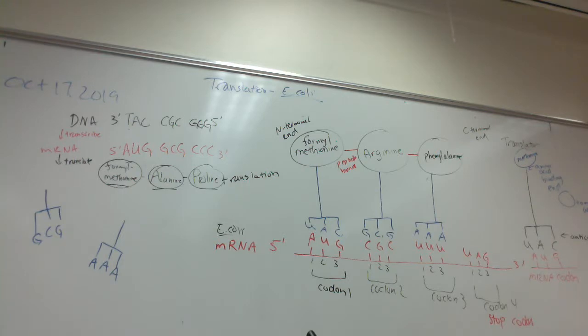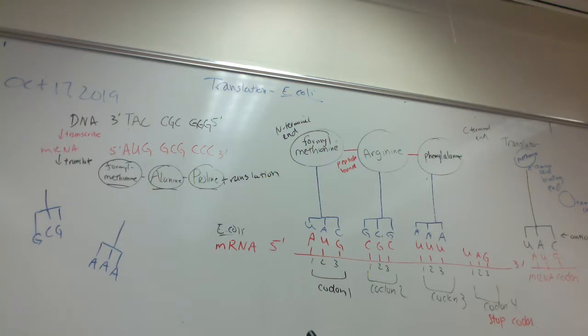So how does that happen? There's a family of enzymes in the cytoplasm, and this would be a bonus question, folks, remembering the name because it's a mouthful. The family of enzymes that load the correct amino acid onto the correct tRNA are called amino-acyl tRNA synthetases.